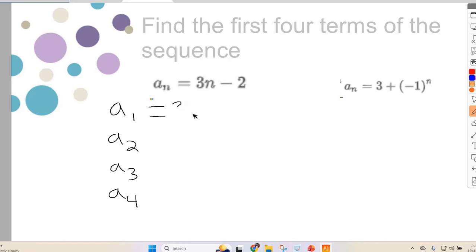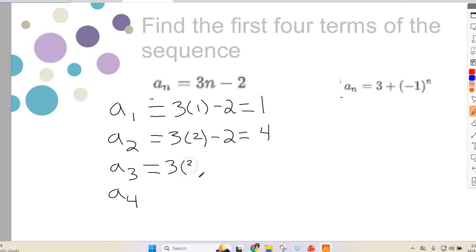So if we plug in 1, what do we get? Just 1. And then next we can plug in 2, and we're going to get 4. And then we plug in 3, and we get 7. And then lastly we plug in 4, and we get 10.